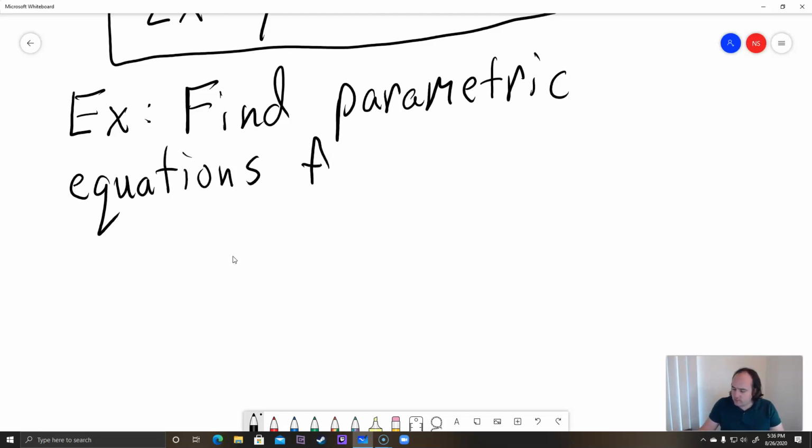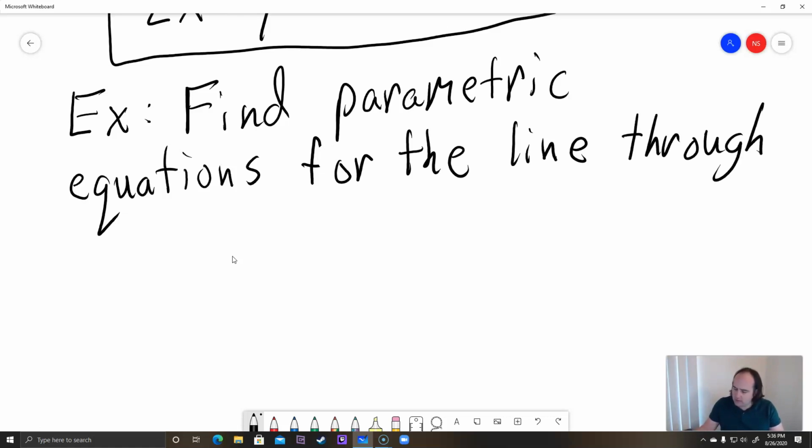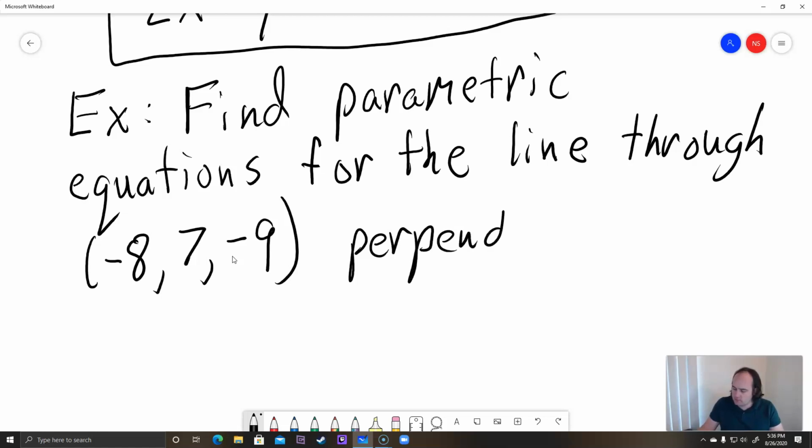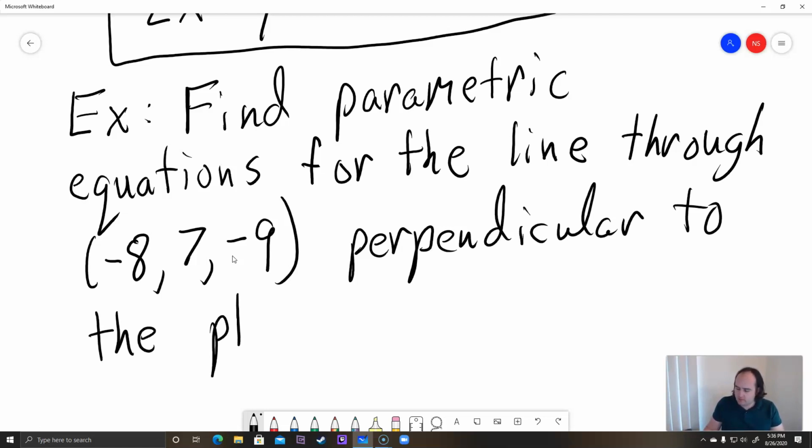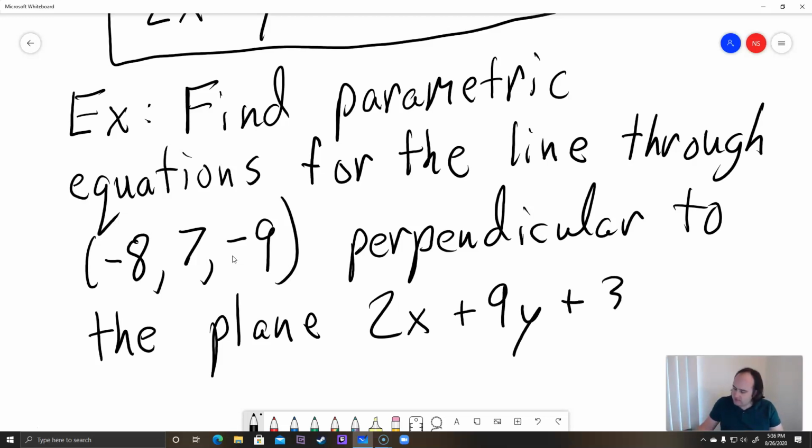For the line through the point -8, 7, -9, perpendicular to the plane 2x plus 9y plus 3z equals 23.